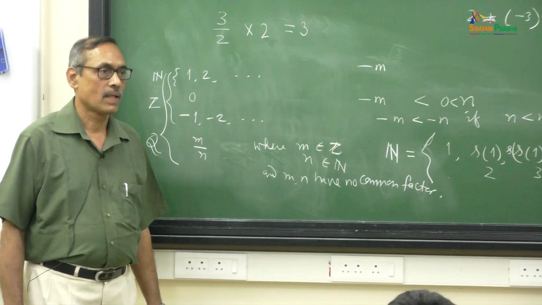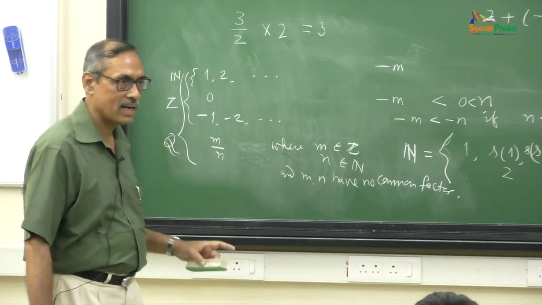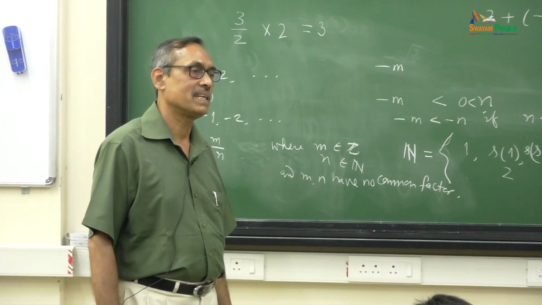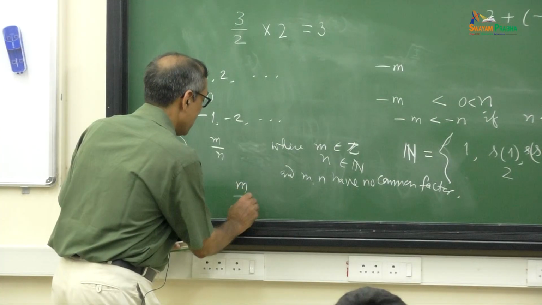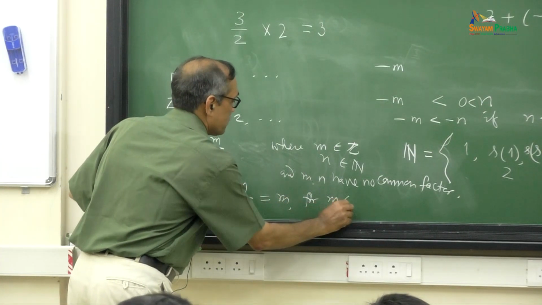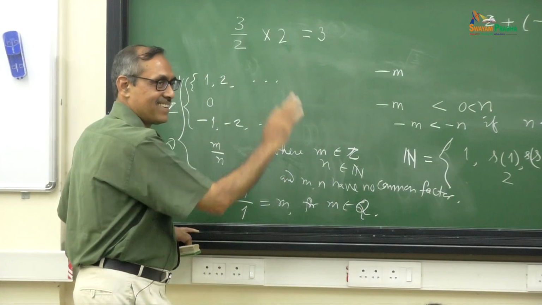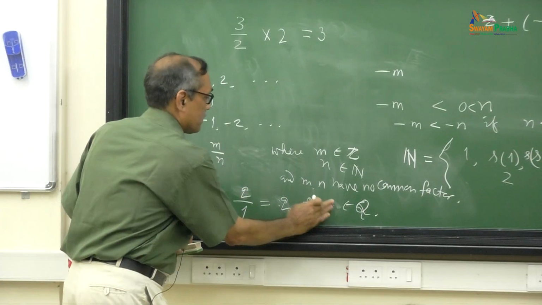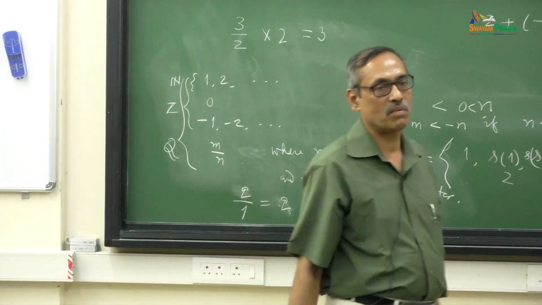They are not separate now. When n becomes 1, we will identify that with the numbers. That is an identification. We define m by 1 equal to m, for m in Z. Now we can work with all those things.